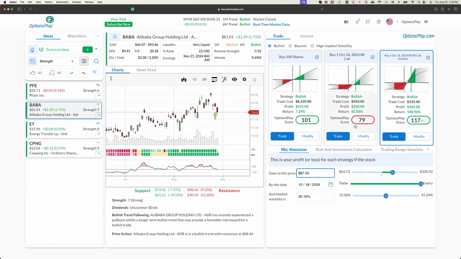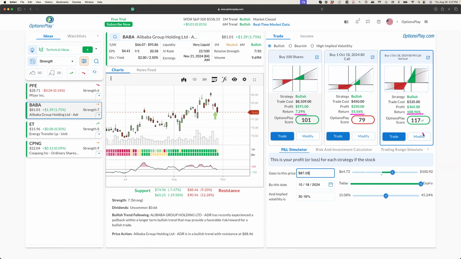It allows you to model that outcome and see which one of these strategies will give you what specific type of outcome. So if you bought the stock, you're looking at about a 7% return on the stock. If you bought the call option, you're looking at a much nicer 55% return. And then if you were to buy the call spread, you're looking at about 109% return.